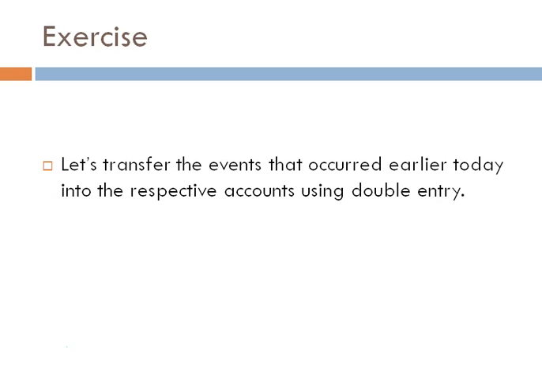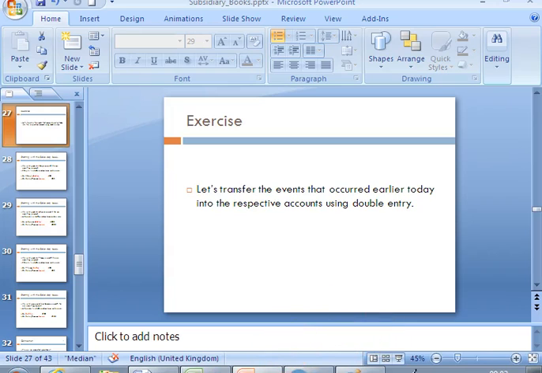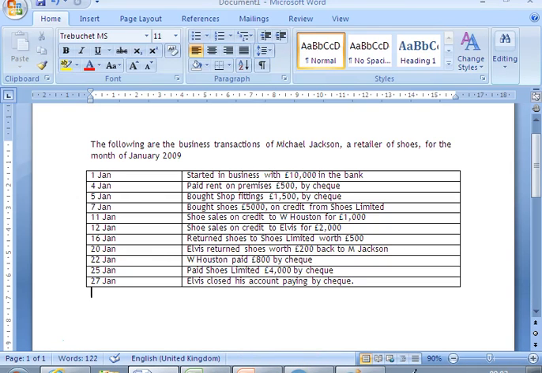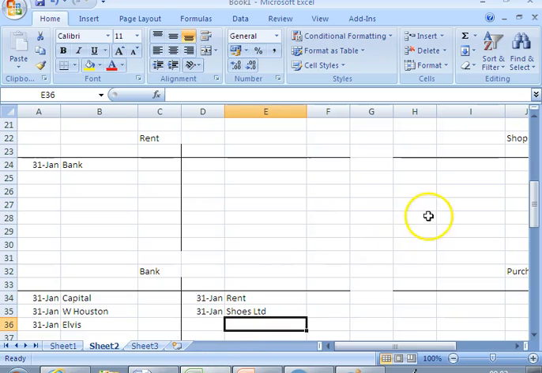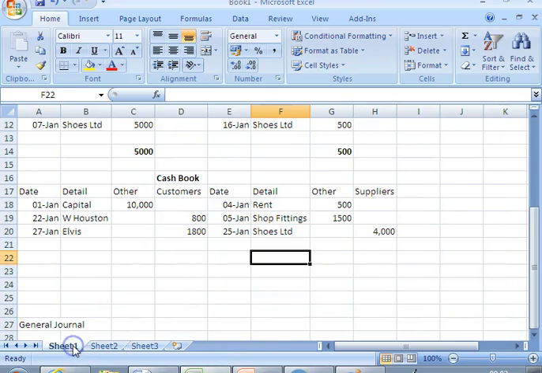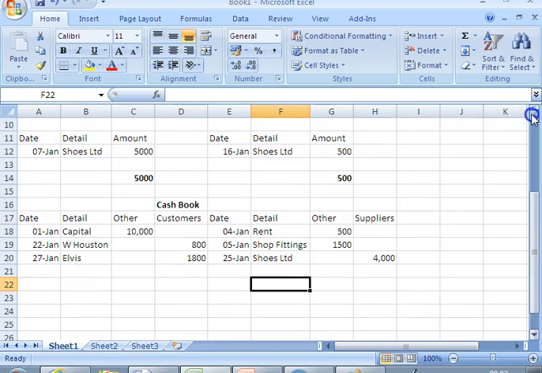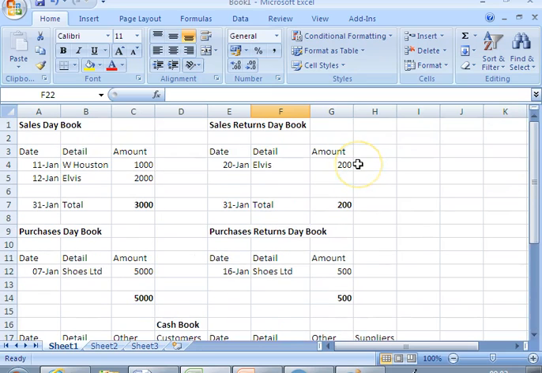Let's go back to what you prepared earlier. Last time you prepared some T accounts and some subsidiary books for this exercise. These are the subsidiary books, neatly laid out.